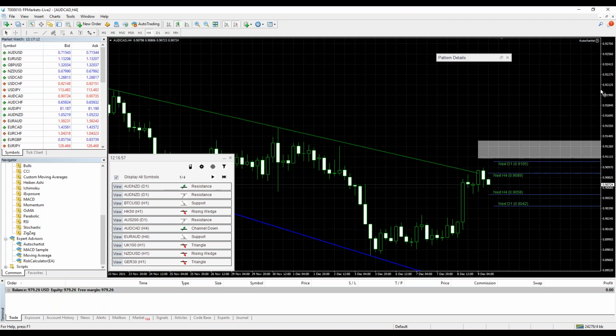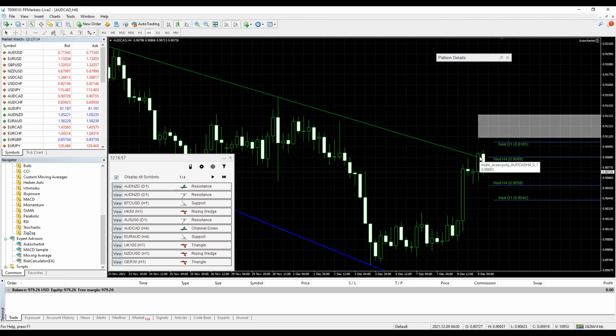Okay, so now we thought there was a breakout. We think the price is going up to that gray area. In particular, for the statistics calculation, it's this first line over here. Now we can see right now there is a bit of a pullback, which is pretty normal. I mean, you have a massive run up like this. Oh, my pen color is wrong. Sorry, let me choose a different pen color.